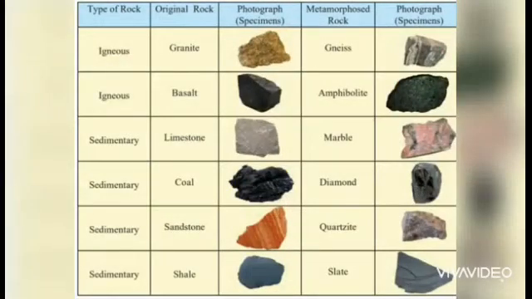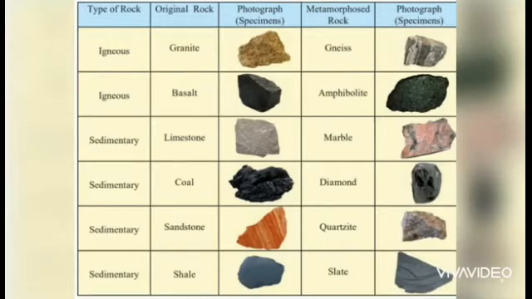Study the table given below and try to understand the metamorphosis. The first type of rock, that is granite, the original rock, undergoes metamorphosis and changes to gneiss.